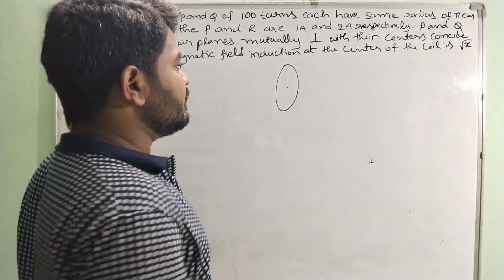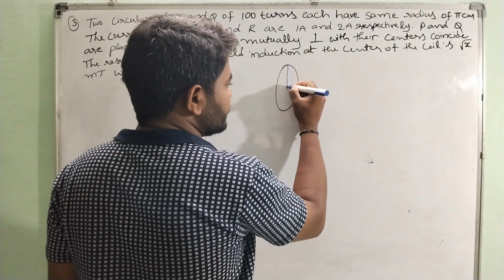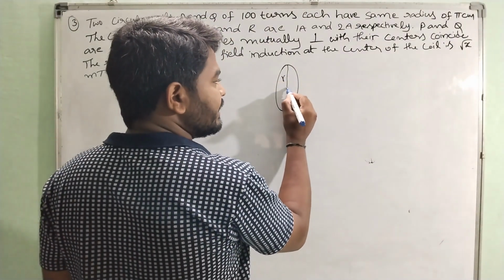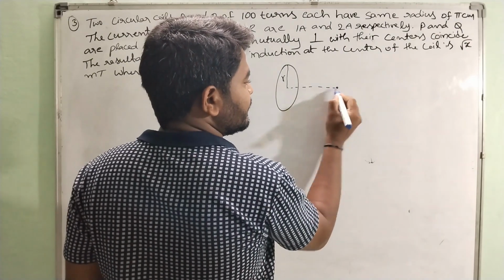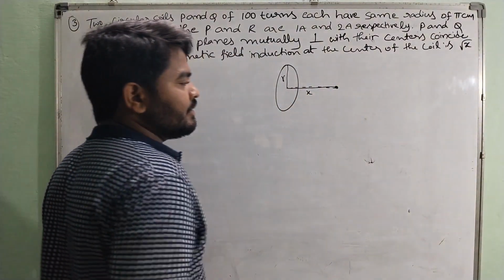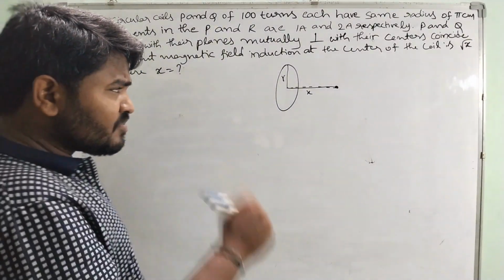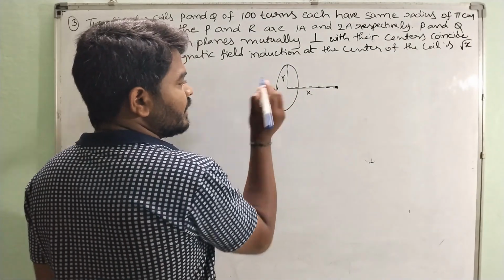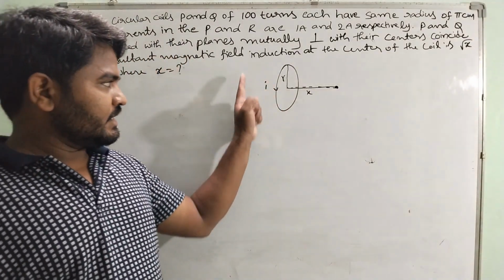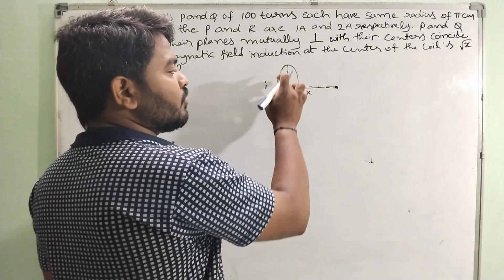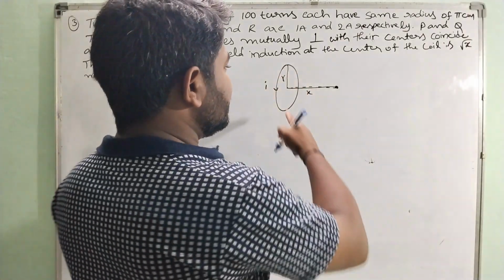Let me draw it once again. Here the radius of the circle is r, and a point is at a distance of x from the center. Now when a current I is passing through it, a magnetic field will be created around the circle.